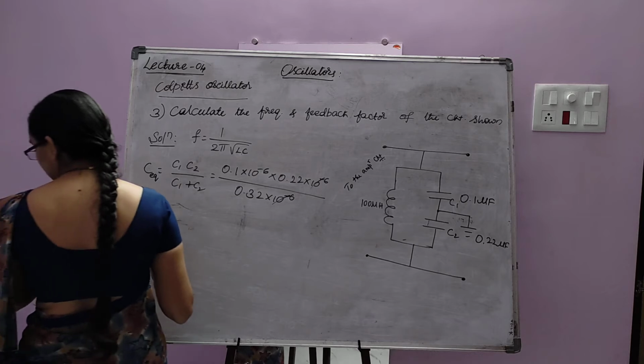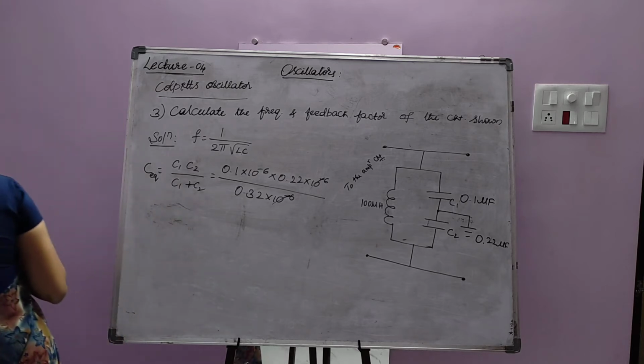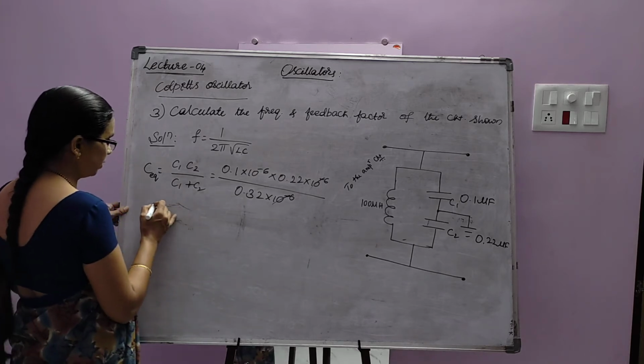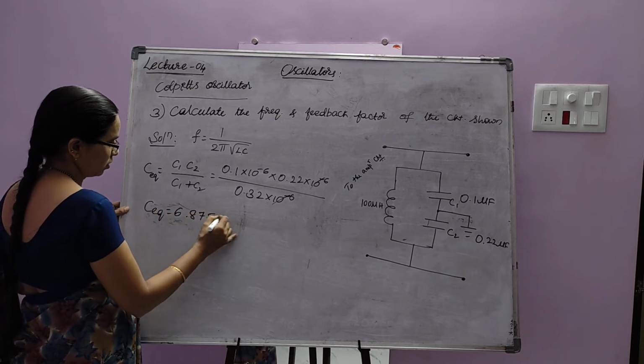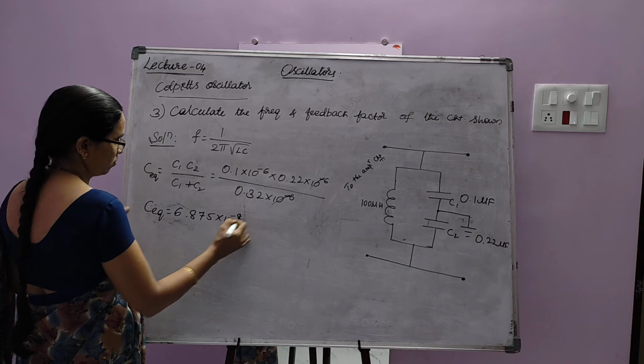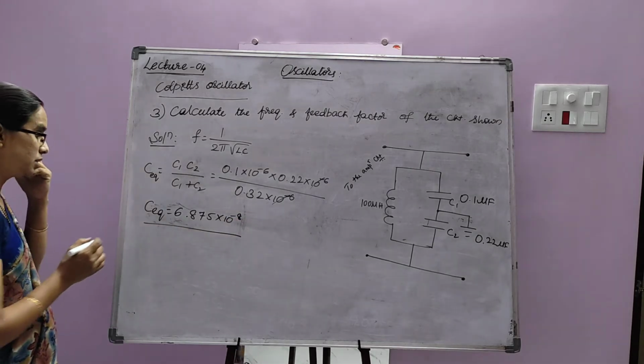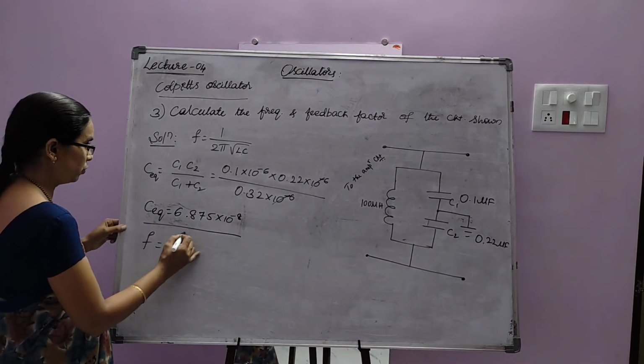You get 6.875 into 10 to the power of minus 8 farad. Then substitute the C value in the above equation.